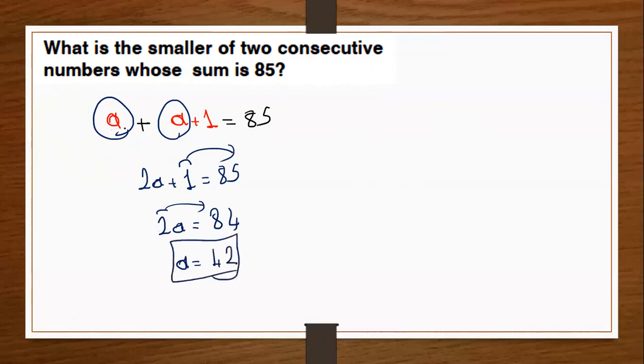So if the first number is 42, the other number will be 43. The sum of them was 85: 42 plus 43 is 85. It's the solution.